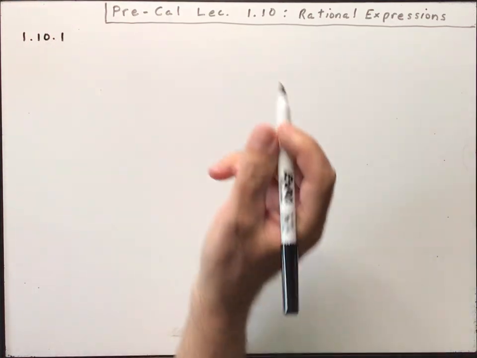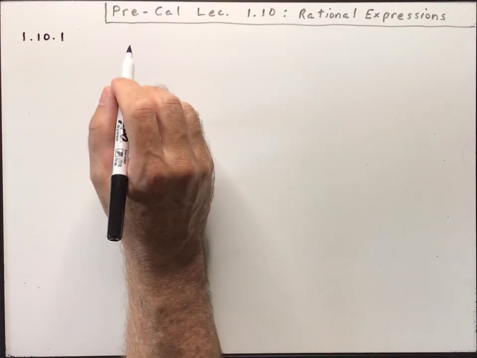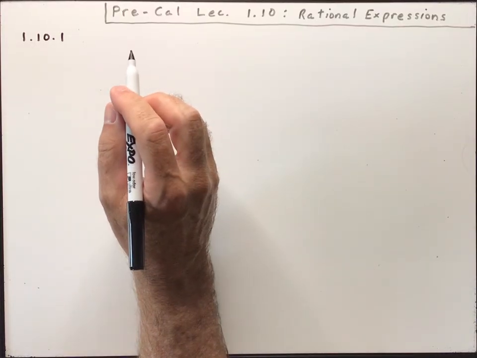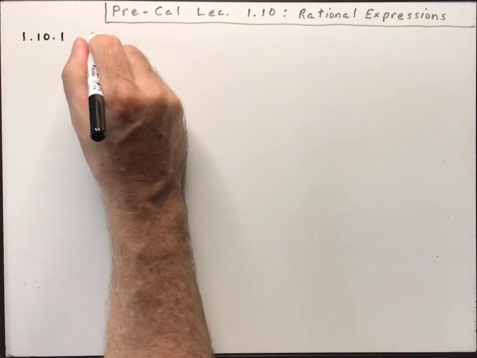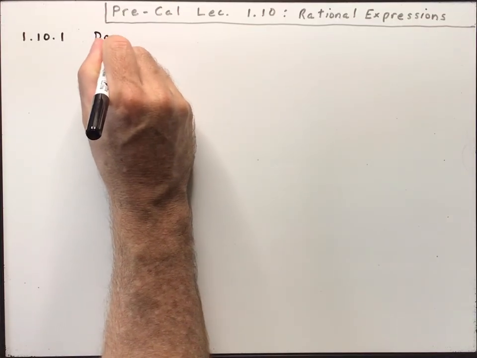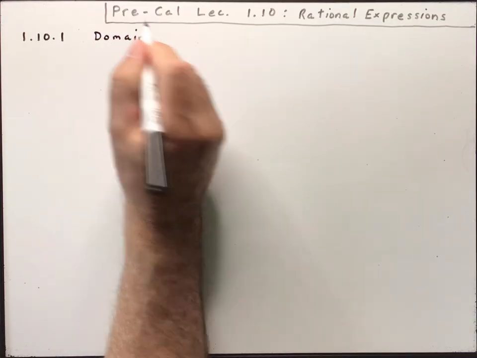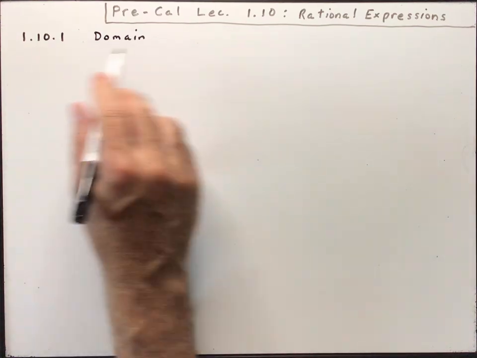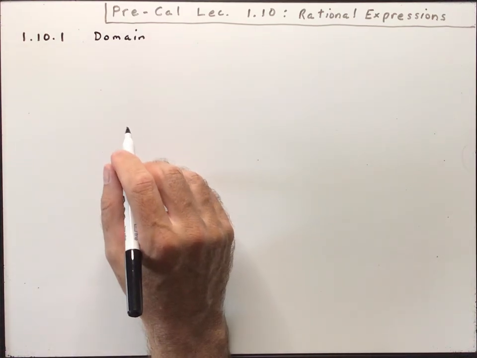I didn't write that up at the top. We can just call that domain, if you want to squeeze that into your notes. But we're just going to continue that. Let's do another example.